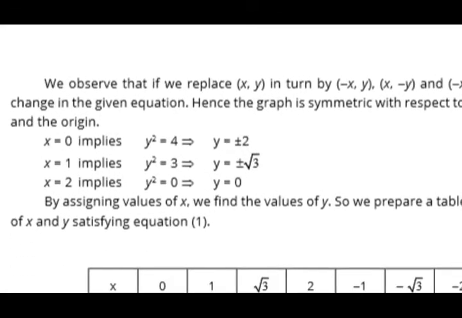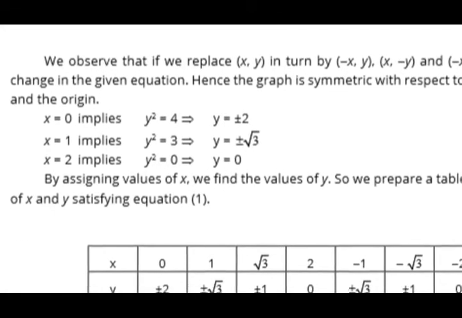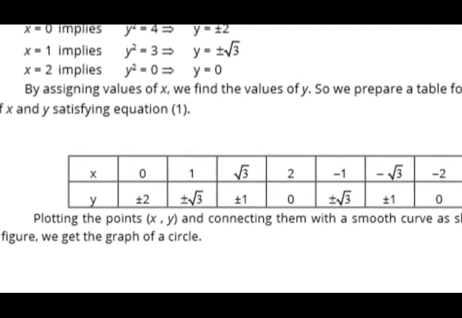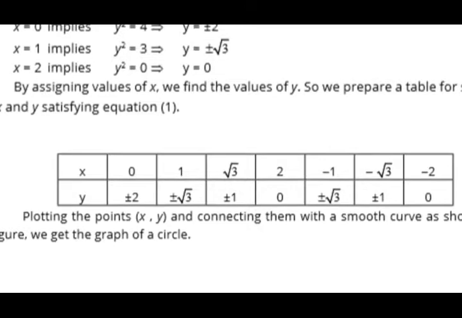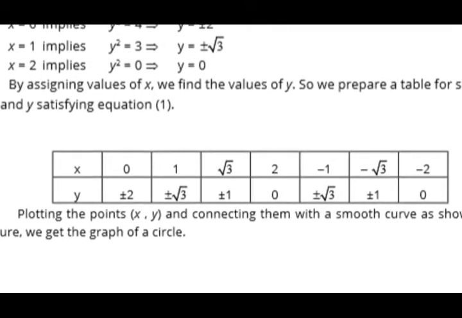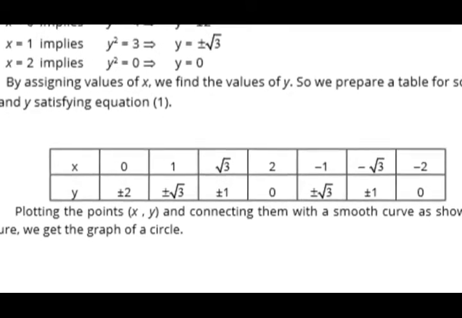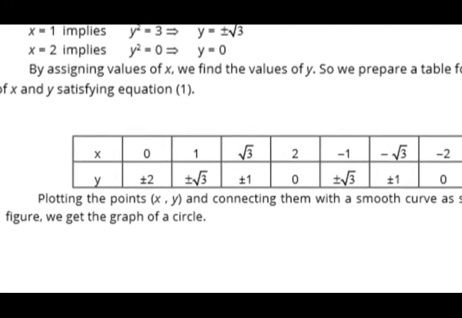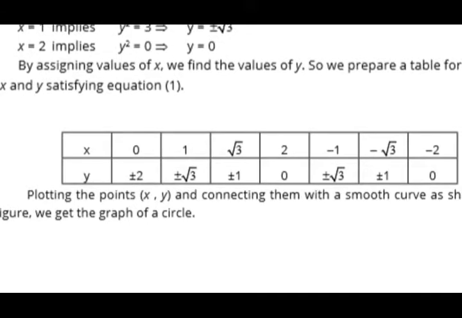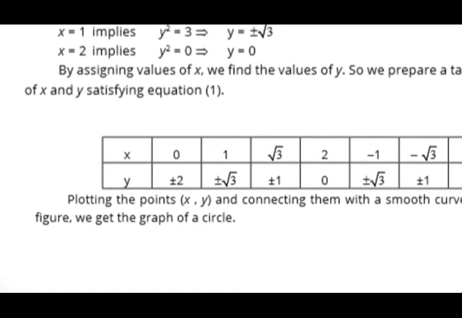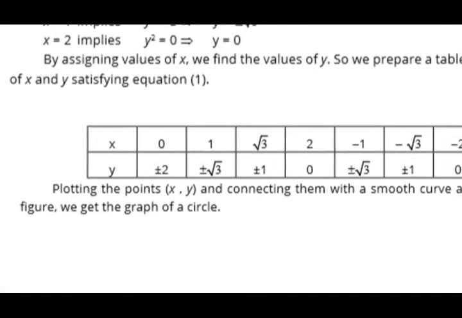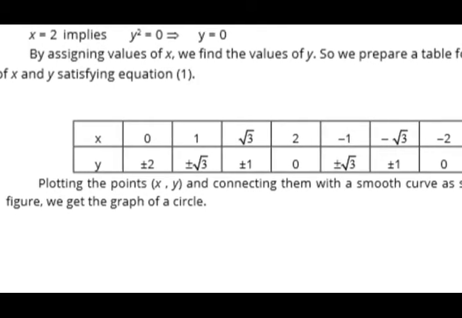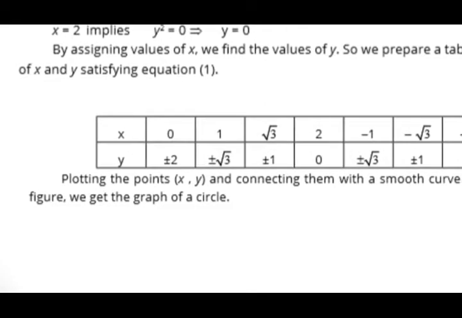Here are its values and the table from 0, 1, square root 3 and 2, and -1, minus square root 3 and -2. You may avoid square root 3. We only take values from -2 to +2: -2, -1, 0, 1 and 2.